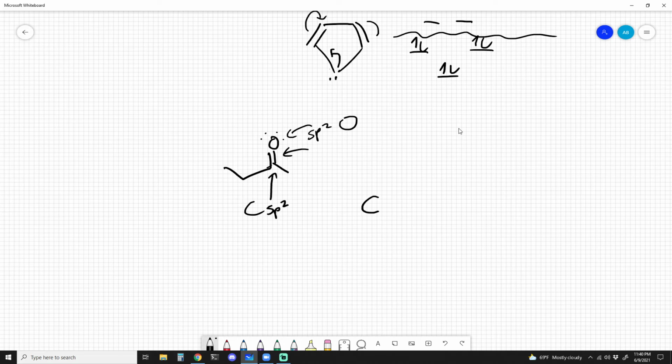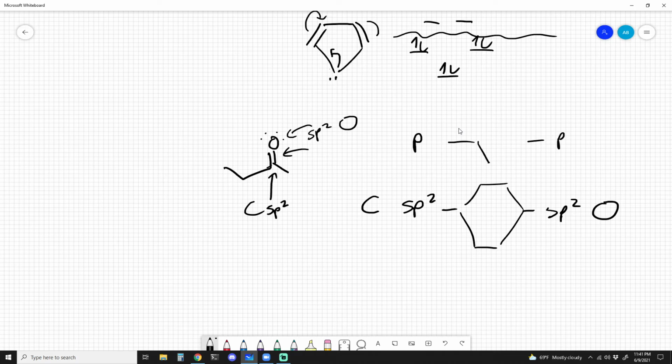So if you have the carbon, which has an sp2 orbital, then it's a pi bond, so we also have a p orbital. So you can imagine a p orbital from the oxygen and an sp2 orbital. And so you combine these, and we'll make our bonding orbital, antibonding, bonding, antibonding.